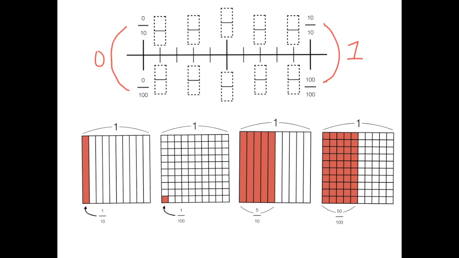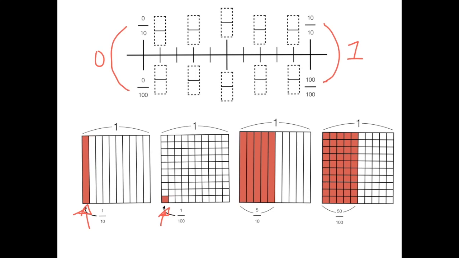From there, we'll use our rectangles and start comparing the parts of a whole, or the size of the piece if you're looking at these numbers as fractions. In the first rectangle here, we divided it into 10 pieces, and each piece is equivalent to 1 tenth. And in the second rectangle, which is divided into 100 pieces, each little square is equivalent to 1 hundredth.